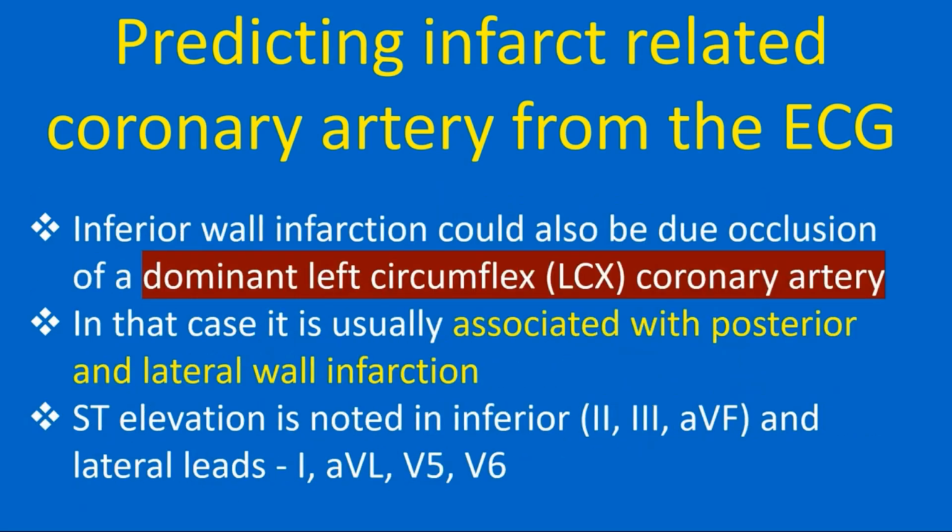Inferior wall infarction could also be due to occlusion of a dominant left circumflex coronary artery. In that case, it is usually associated with posterior and lateral wall infarction. ST elevation is noted in inferior leads 2, 3, aVF and lateral leads 1, aVL, V5, V6.